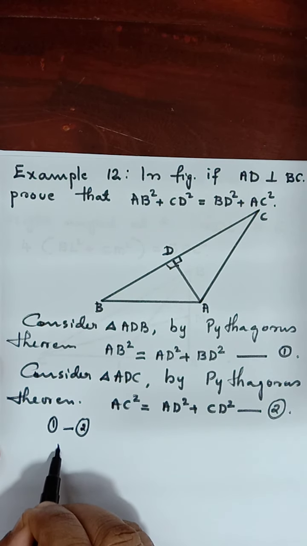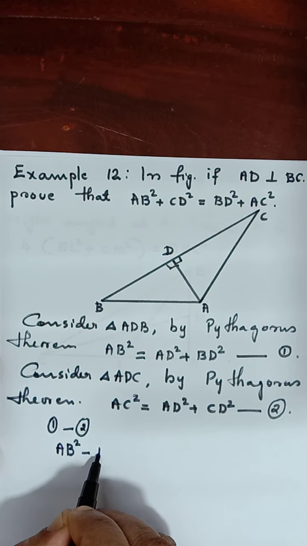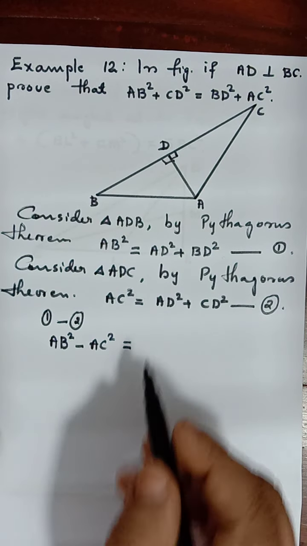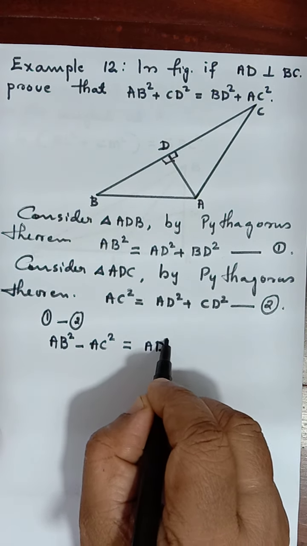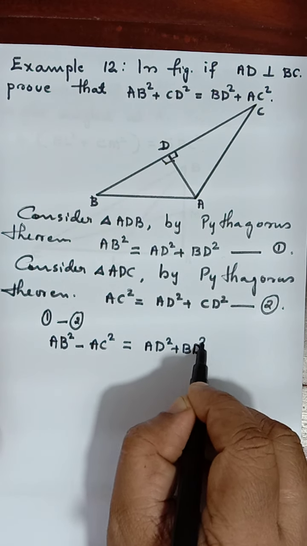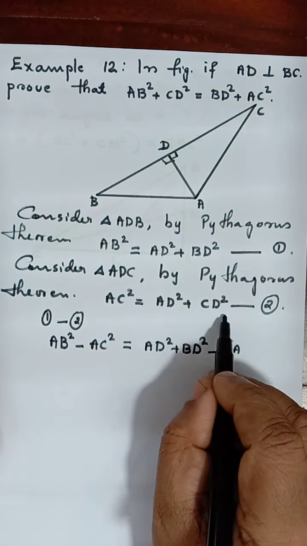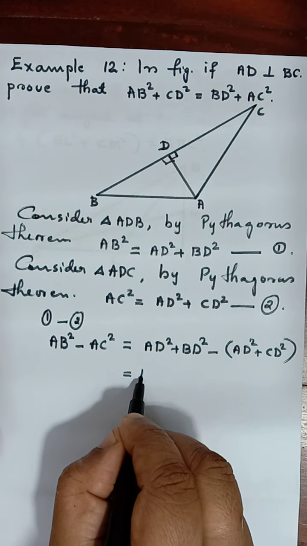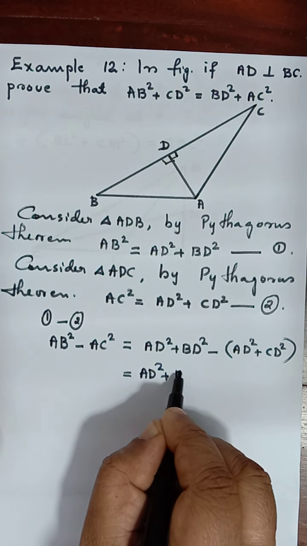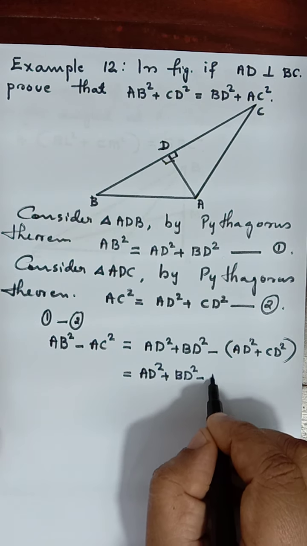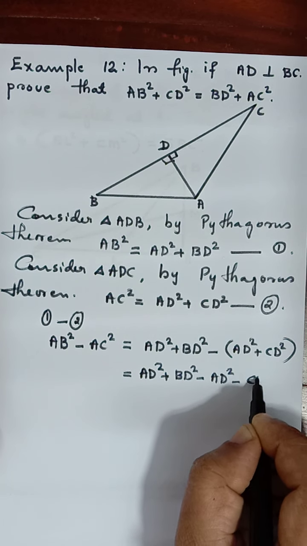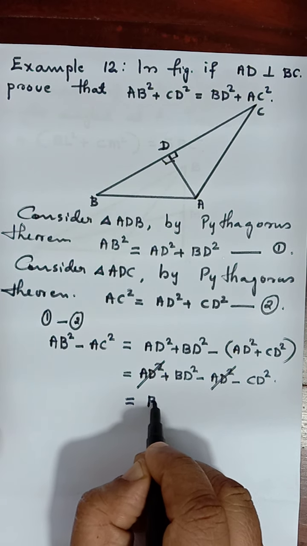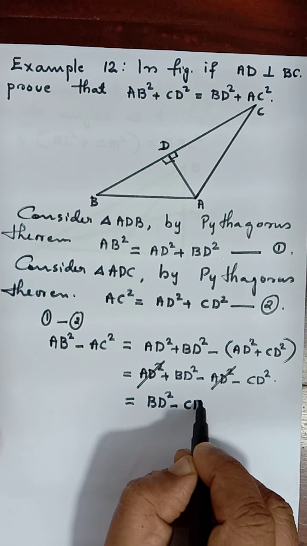So that we are getting the answer as AB square minus AC square equal to, we are showing the subtraction here. Right hand side we have AD square plus BD square minus of AD square plus CD square. So we have AD square plus BD square minus AD square minus CD square. We will be able to cancel these two. We are left with BD square minus CD square.